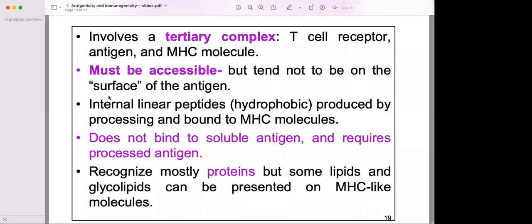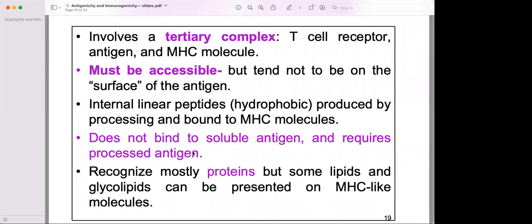So you have these pathogens which could be internally hidden and not easy to detect, contrary to the complex native structure of antigens in the quaternary or tertiary structure of the protein.